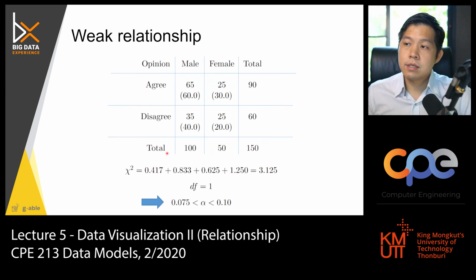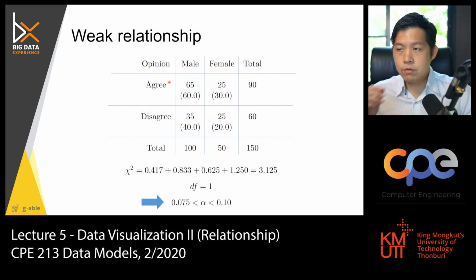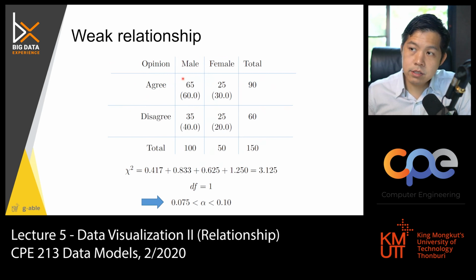This is an example of a weak relationship. It means that gender is not really related to opinion. So how do we know this? If you just look at the male here, this is 35, this is 65, right? So if you look at the proportion, this is about 1 to 2, this is about 1 to 1.